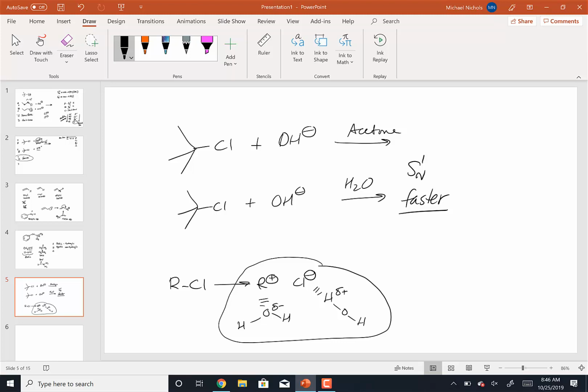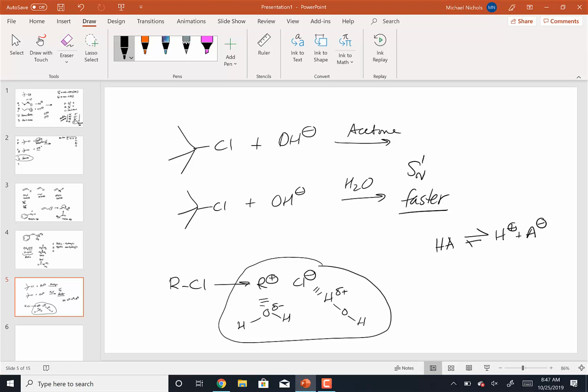Similar to when we talked about taking an acid and it dissociating into H plus A minus, how can I make this a stronger acid? Make A minus more stable. So if I make the products more stable, the reaction is going to occur faster.